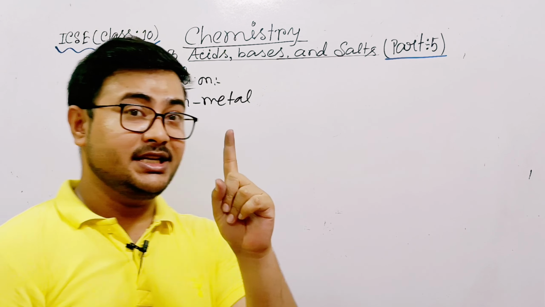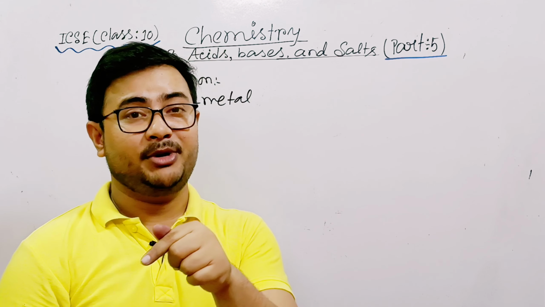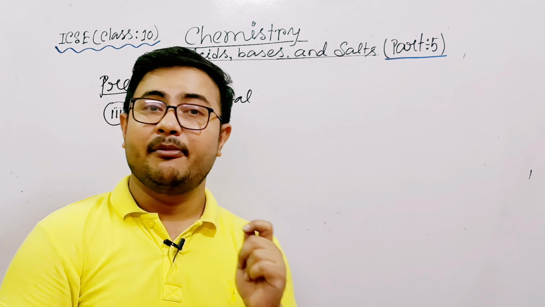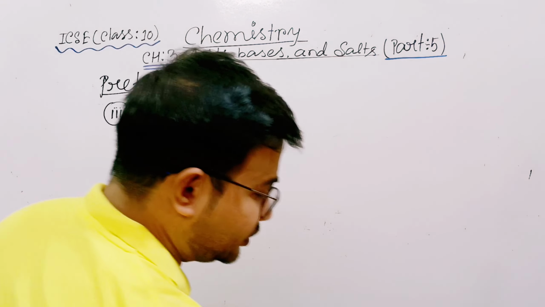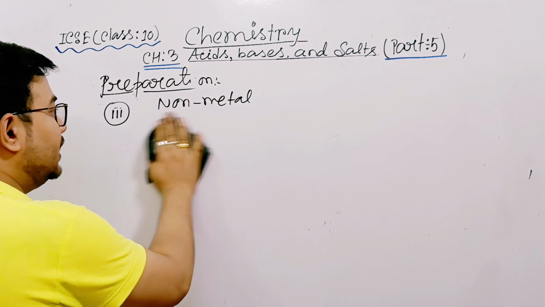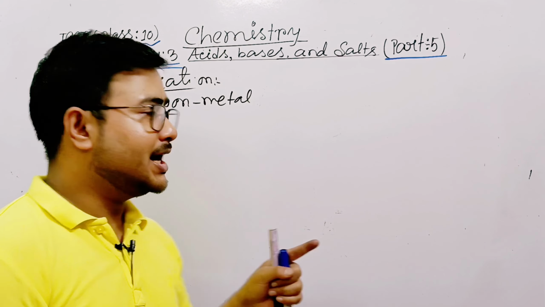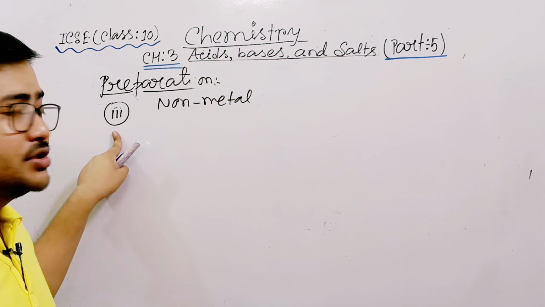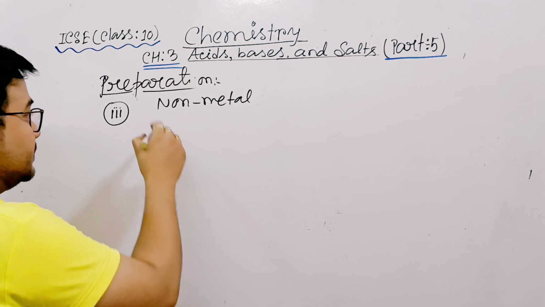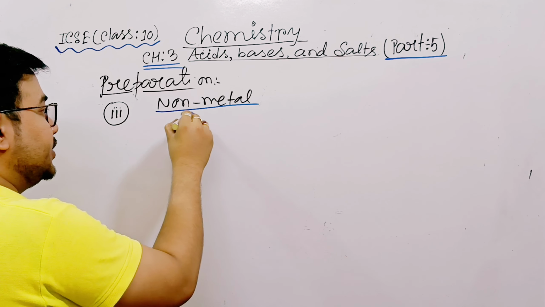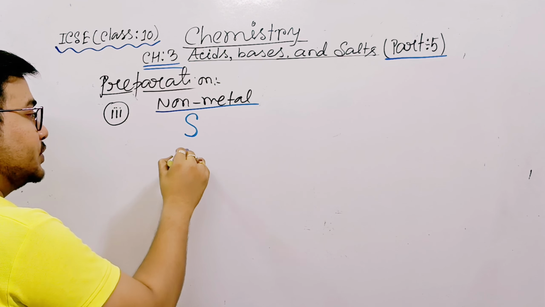First process means hydrogen with non-metal. This is already done. But in this topic I have a question. Non-metal was already done in preparation number 1. So what is the necessity of this preparation number 3? Yes. In this preparation number 3 we choose only non-metals like sulfur, phosphorus.